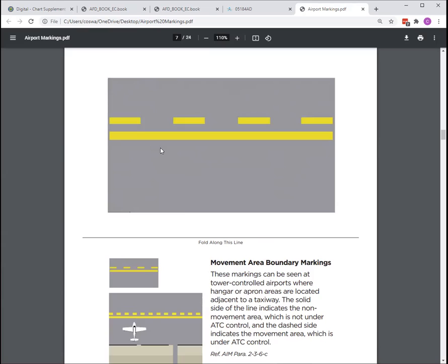And a non-movement area is somewhere where you can move around freely. That's like a hangar space or an FBO or something like that. So the tower really has no say in what you're doing. But once you cross this line, then you're under their control. So you have to make sure that you contact the controlling agency of that taxiway or runway or whatever prior to crossing this line. So again, you have the solid line for do not cross and then a dash line for crossing.